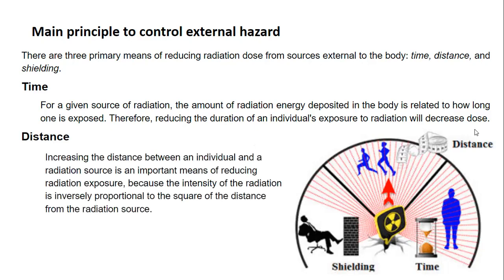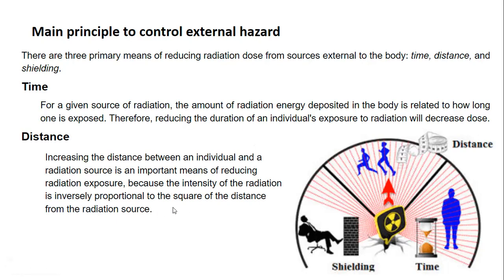Distance: increasing the distance between an individual and a radiation source is an important means of reducing radiation exposure, because the intensity of the radiation is inversely proportional to the square of the distance from the radiation source.